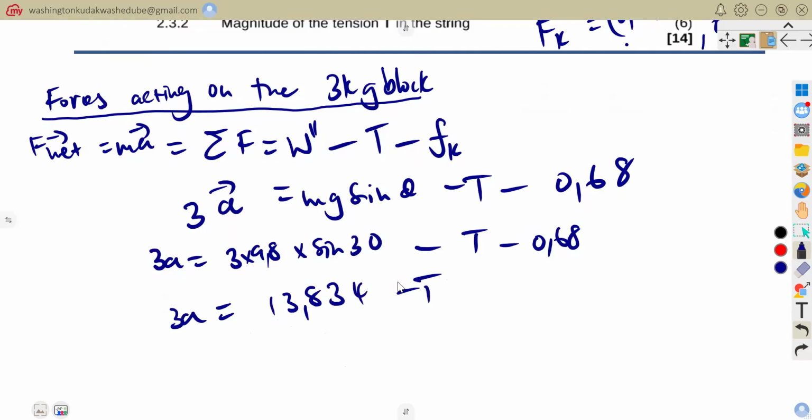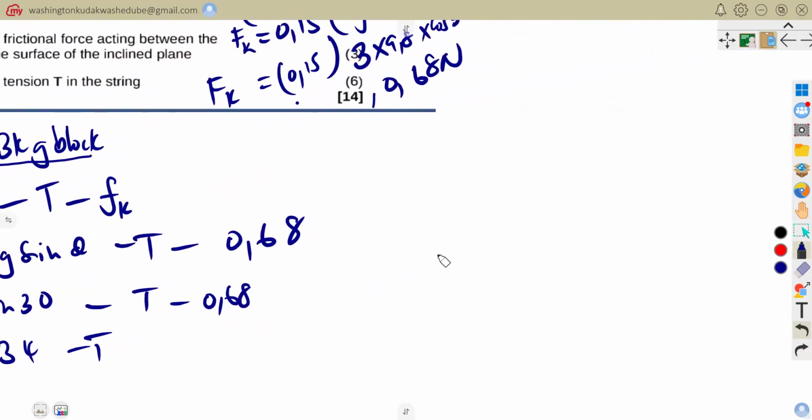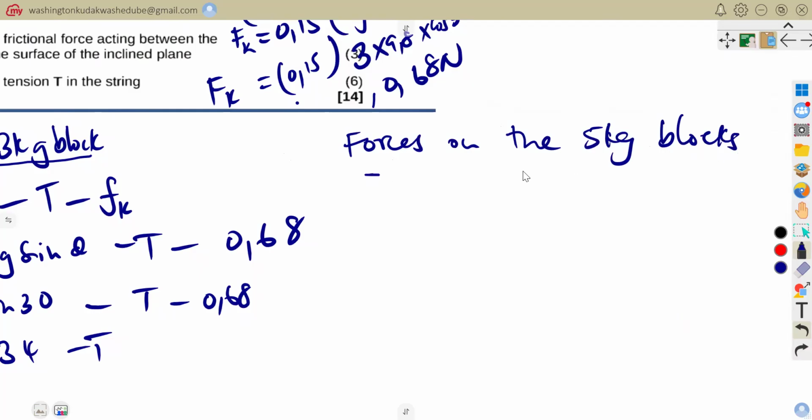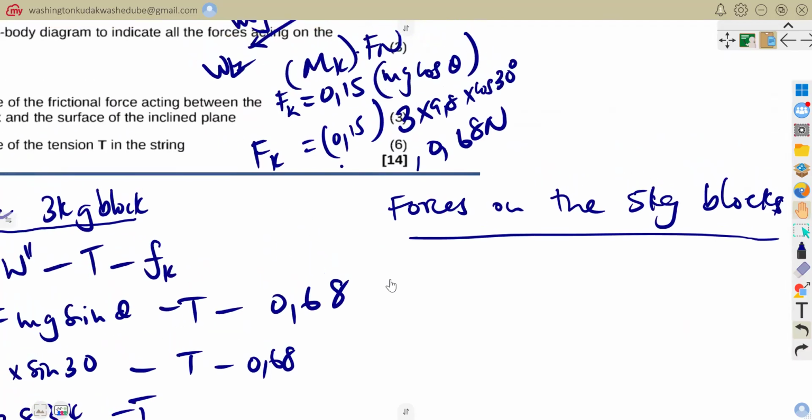Now I have my first equation. I'll now go and do my second equation, the forces on the 5 kg block. What are the forces that I have on the 5 kg block?